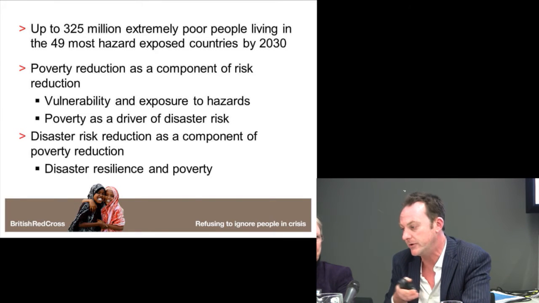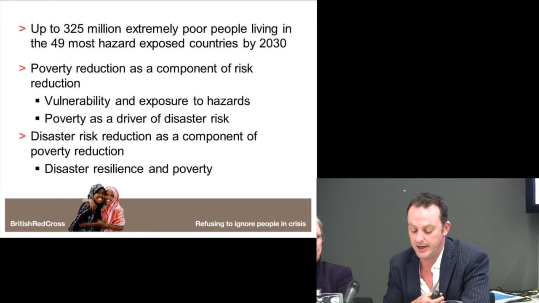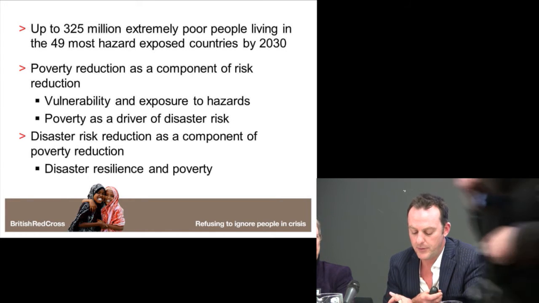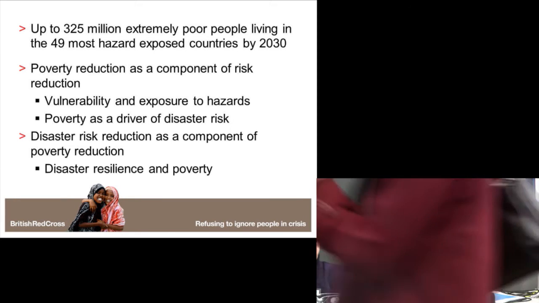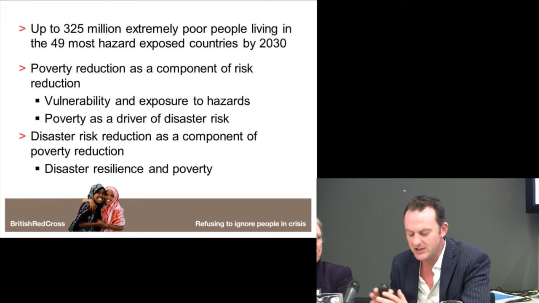They will put an extra story on their house, which undoubtedly will fall down when there's an earthquake. And thirdly, we need to think about how disasters impact upon poverty levels. What I mean by that is, is there a linear relationship between disaster reduction and poverty reduction? I would suggest that there's not necessarily, and the dynamic between poverty and disasters is quite a complex one.